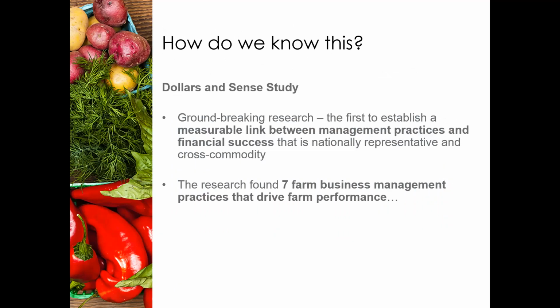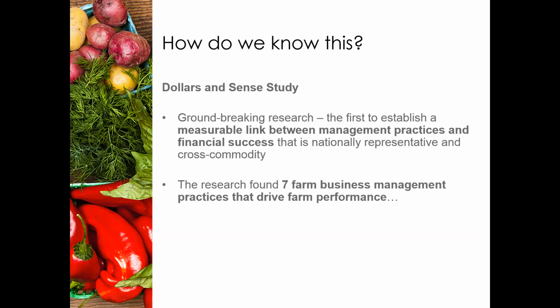How do we know this? Well, we did a study at Farm Management Canada a few years back, and that study was repeated just recently, last year. And the research showed that there's a measurable link between management practices and financial success. So we were able to show a direct correlation between the two.